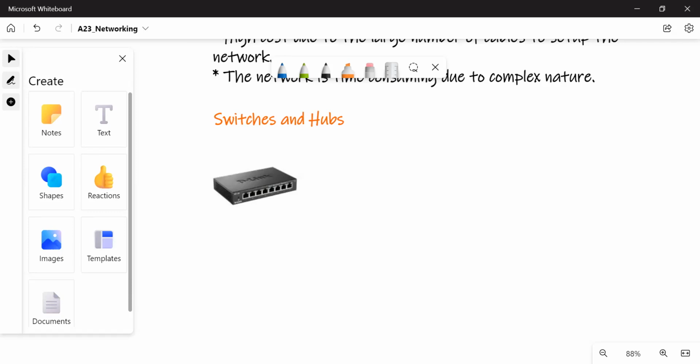It looks the same, right? But usually you can have a large number of connections possible.